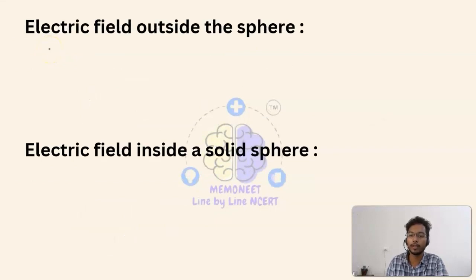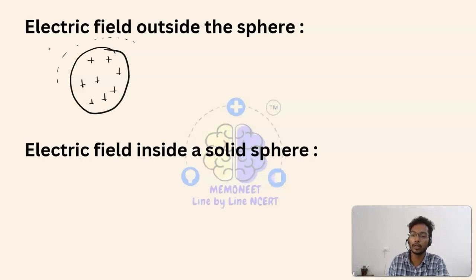Let's say we have a sphere here, and it will contain the charges inside. So we have to find the electric field outside the sphere. Let's say we are finding the electric field here at point P. It contains charge q. So we have the electric field into A equal to q upon epsilon naught.